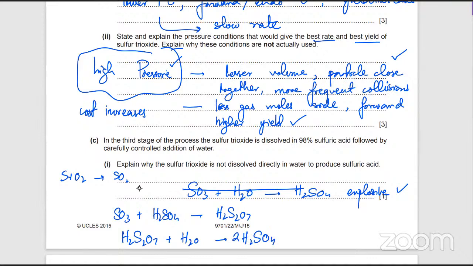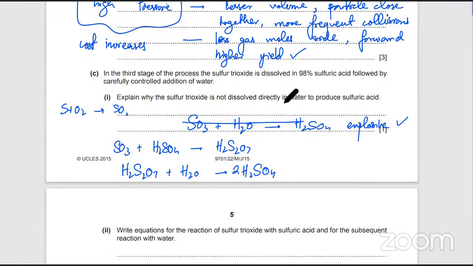Sir, can I just answer using the equations in this case? You have to explain why it's not directly dissolved. I mean, he didn't ask for the equations. But okay, I still can use it. No, you can, but firstly, he has never asked about this. ठीक है. वो तो मैं वैसे ही, I was just explaining this.